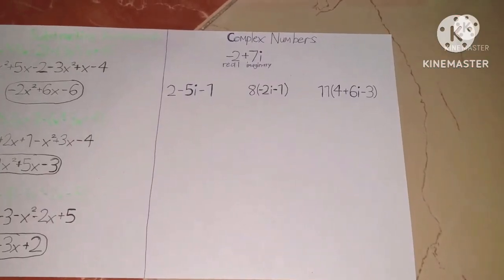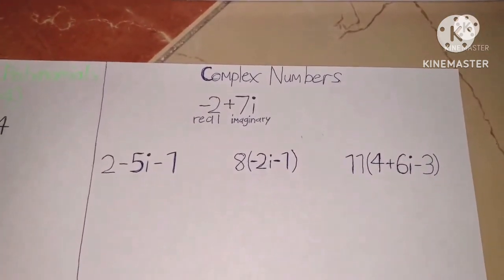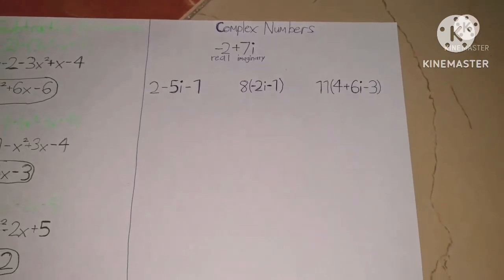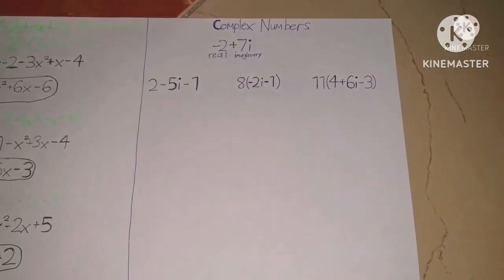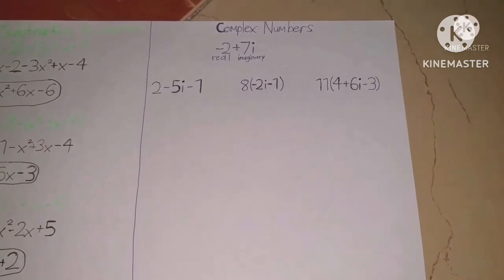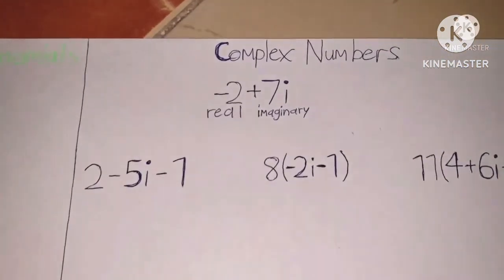What's up YouTube, in this video I'm going to be teaching you complex numbers. This is what I've taken in the second quarter, this quarter, and I find it really interesting because it's different from the lessons that I took last quarter. So this is what it's about. Complex numbers are different here.